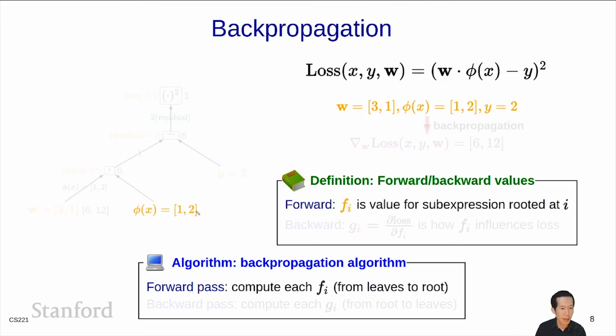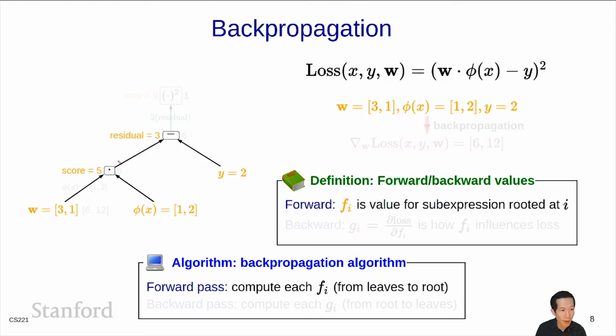So let's walk through this example here. Okay, so at the leaves, we have W, which is 3, 1, and we have the feature vector 1, 2. Now if you take these two quantities and you take the dot product, you get 3 plus 2, which is 5. And now you take the score 5 and you take y, you subtract them, and you get the residual, which is 3.